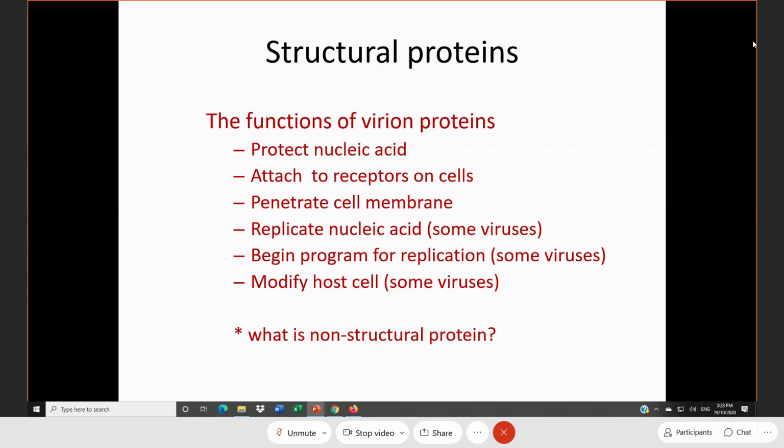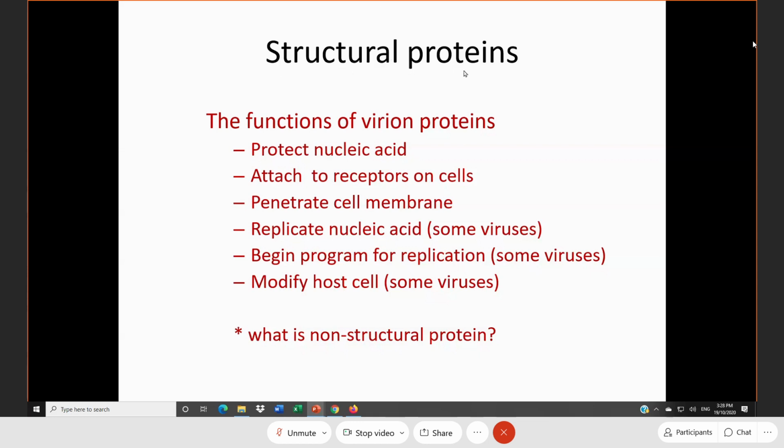They act as factors to help, to catalyze the formation of certain proteins, viral proteins, or they act as an enzyme and so on. So that is a different issue about the non-structural.